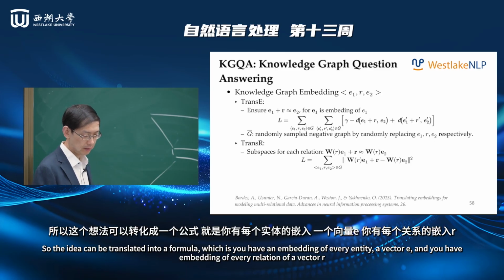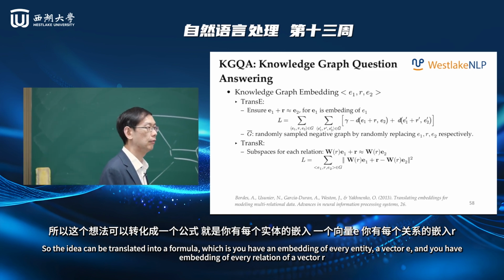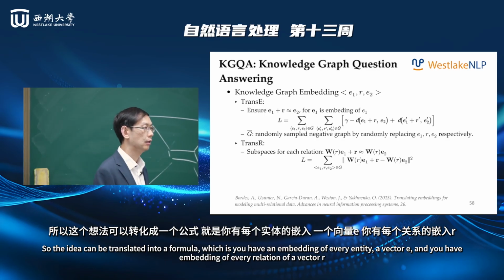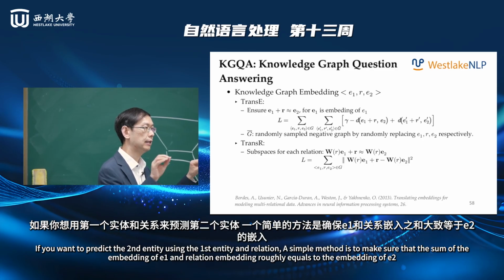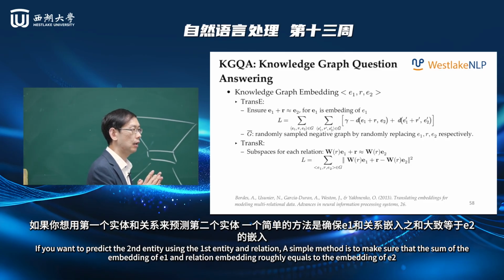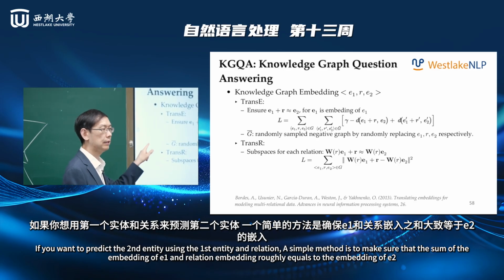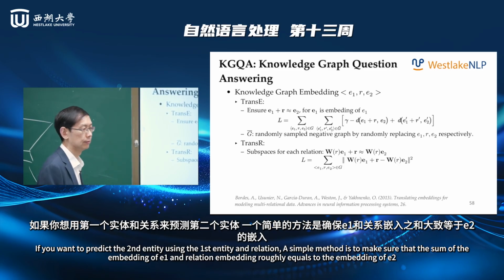So the idea can be translated into a formula, which is you have an embedding of every entity, a vector E, and you have embedding of every relation, a vector R. If you want to predict the second entity using the first entity and the relation, a simple method is to make sure that the sum of the embedding of E1 and the relation embedding roughly equals the embedding of E2.